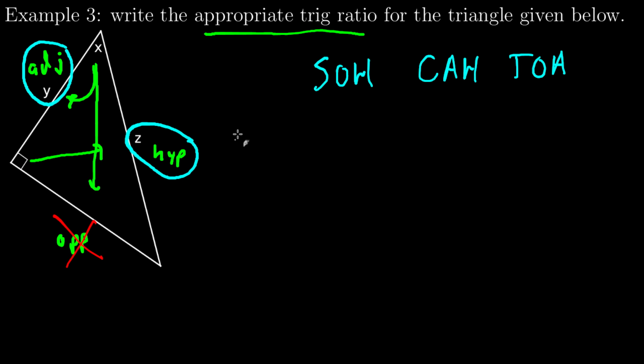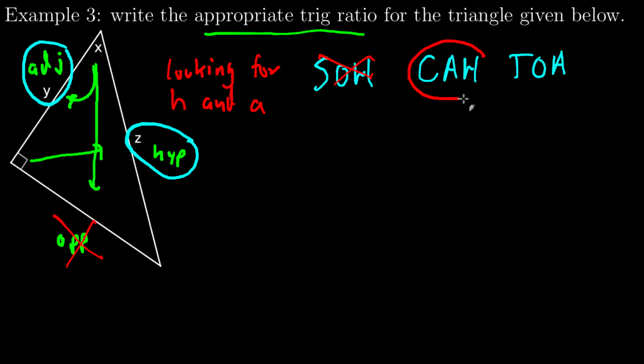So let me write down what I'm doing. I'm looking for H and A. This has H and O, that's not correct. This has H and A, this is the one I'm going to use. This has O and A, not correct.